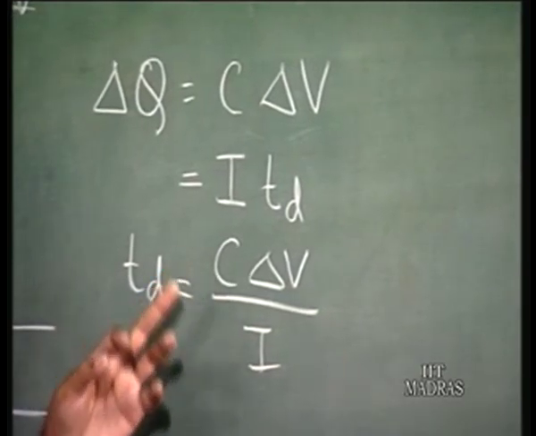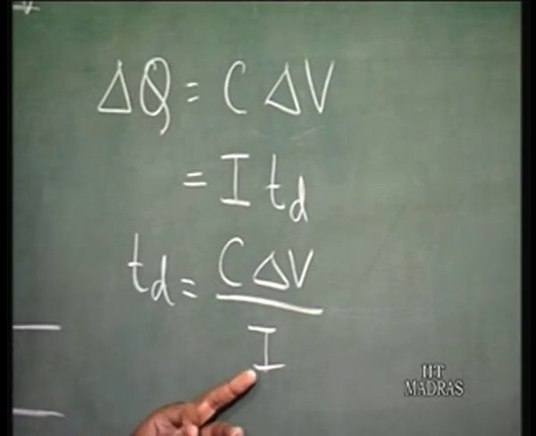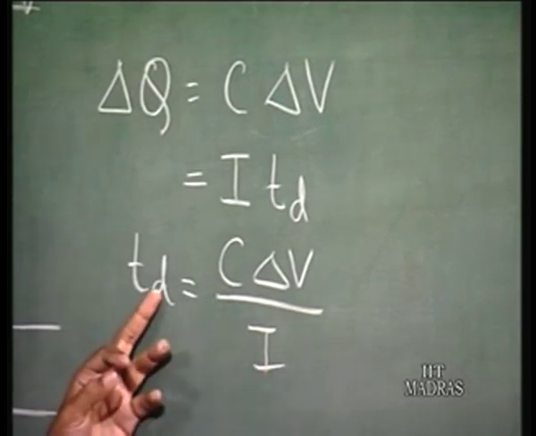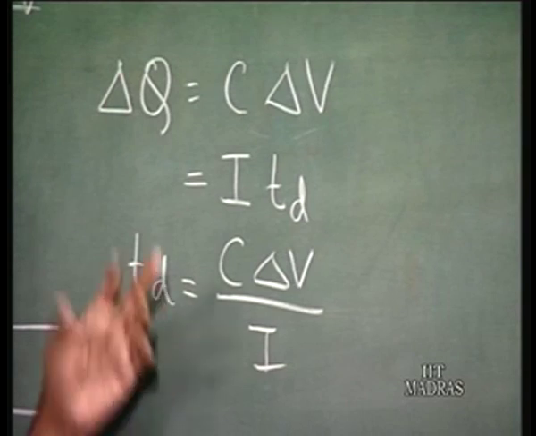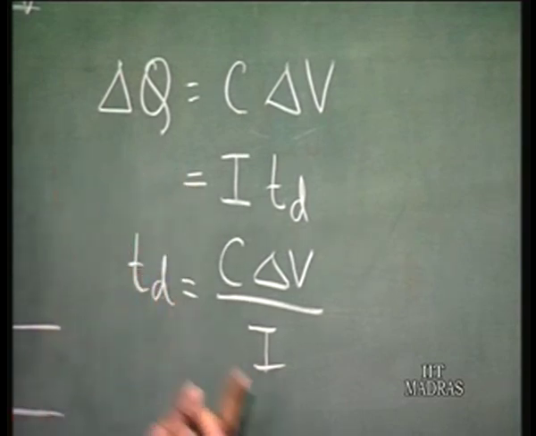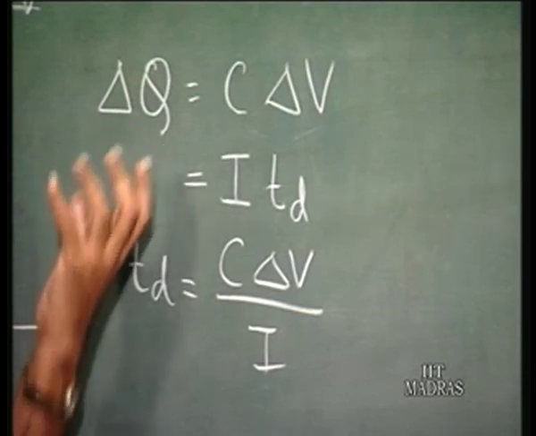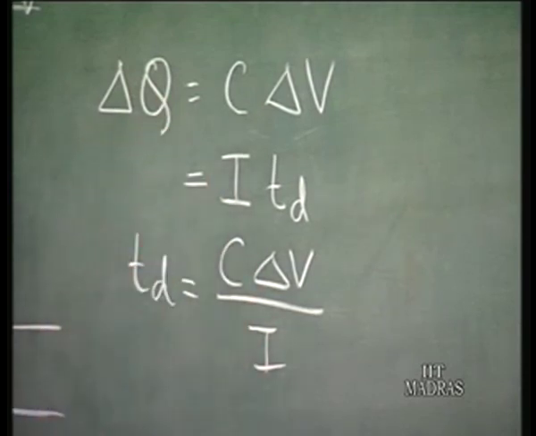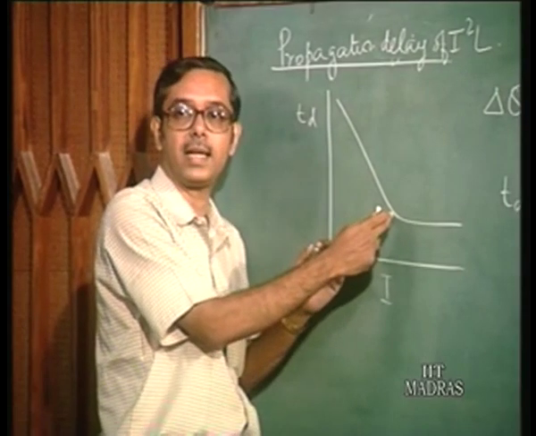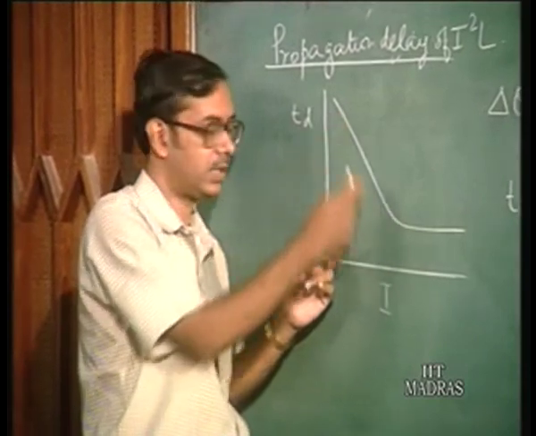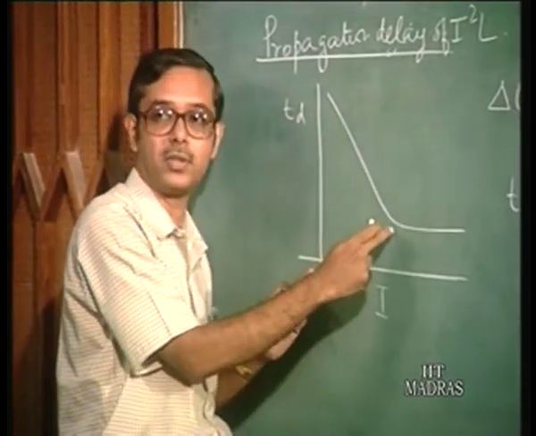Which means that if you increase the current, it will take less time to charge, obviously, because the product is equal to the charge you require, and so if I is more, Td will be less. So this gives this part of the characteristic: if you increase I, the delay is going to fall.